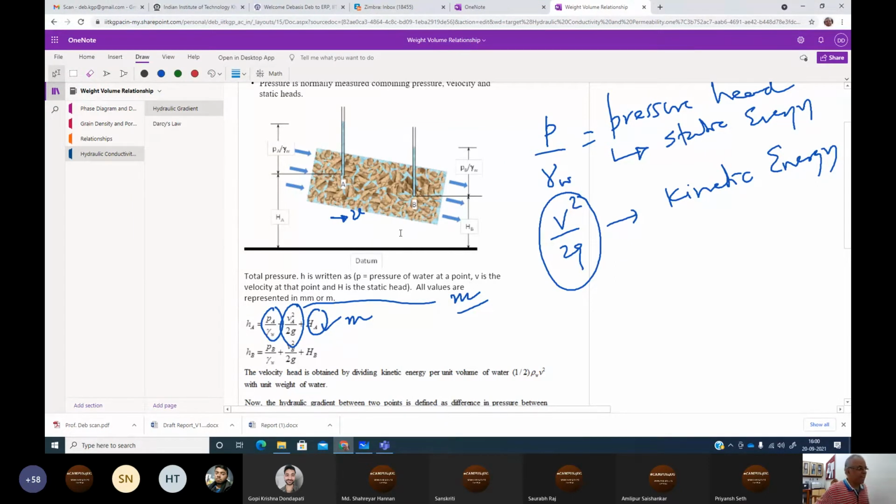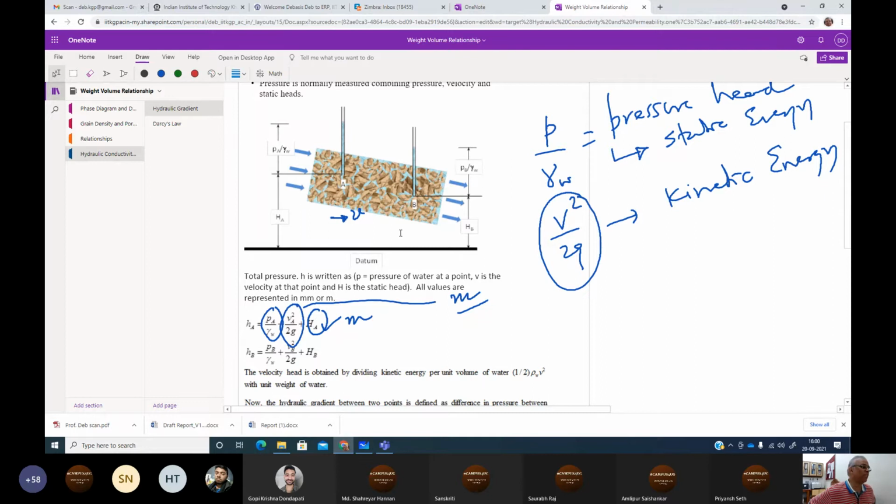Now, as I told you here, since it's a laminar flow, we consider the velocity so low that we more or less consider the velocity the same between A and B. There is not much difference.